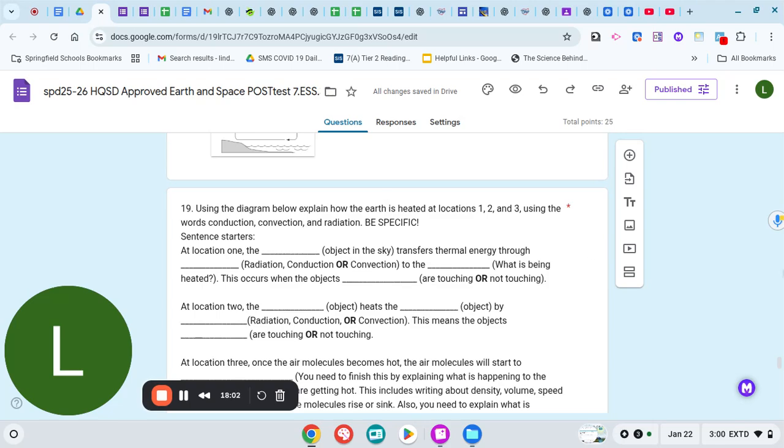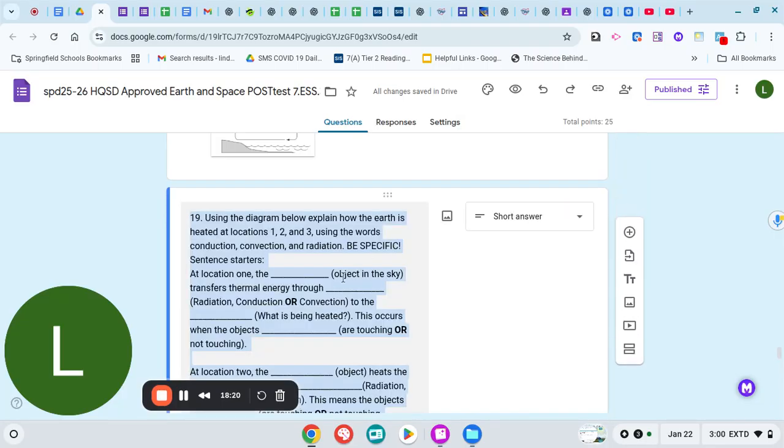For example, it says at location 1, the blank, and it wants the object in the sky, transfers thermal energy through blank. You're going to delete this line and instead put in the object in the sky.